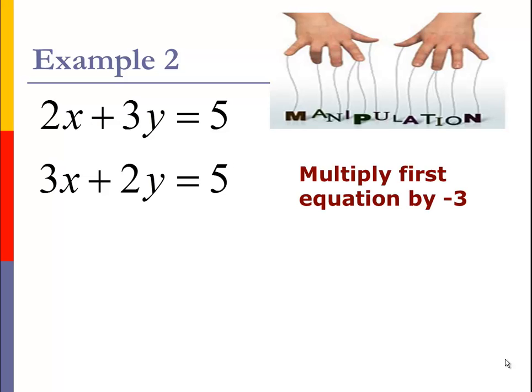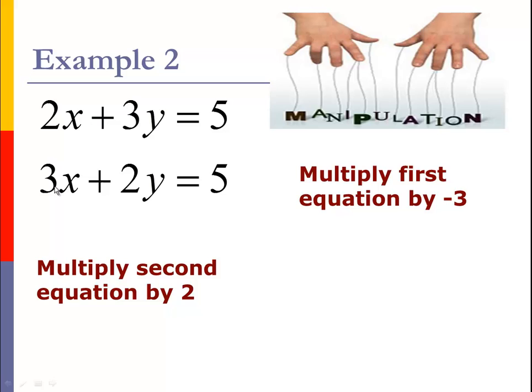Same number but opposite signs. So here's what I'm going to do. I'm going to multiply the first equation by -3, which gives me a -6. Then I'm going to multiply the second equation by 2, which gives me a +6. So I'll have the same coefficient for the x but opposite signs, so that when we add the two equations together, it will be 0.